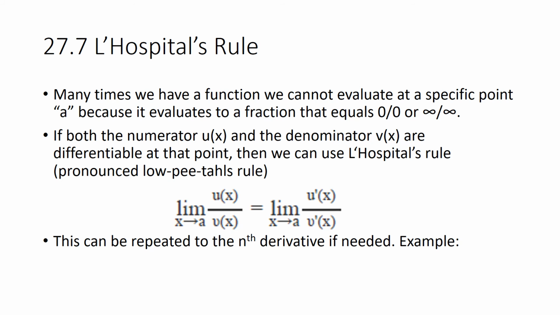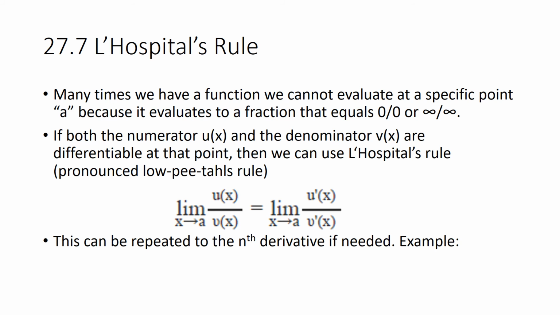So we didn't use L'Hopital's rule at the beginning of the chapter when we found the derivatives of those trigonometric and logarithm functions, but we could have used L'Hopital's rule to do that. And section 7 of chapter 27 kind of goes through some of those proofs.